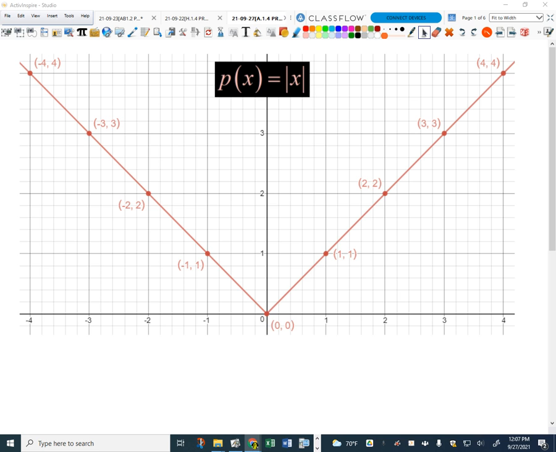It's a V with the vertex at the origin. The right leg of the V just goes forever, and so I'll put an arrow on this, just to indicate that it goes forever. The slope of the right-hand leg is 1. So I go over 1 and up 1, over 2 and up 2, etc. The left leg of the V has a slope of -1, and it just goes on forever. Okay?